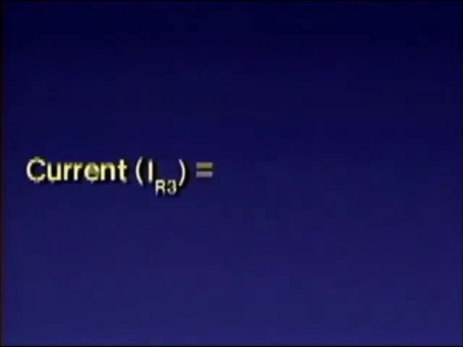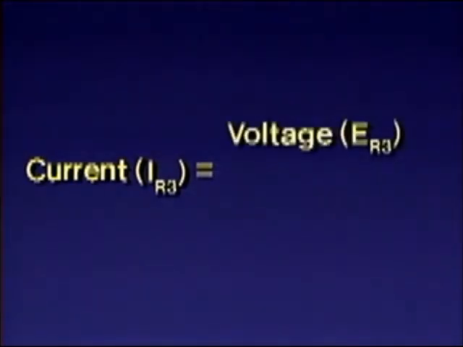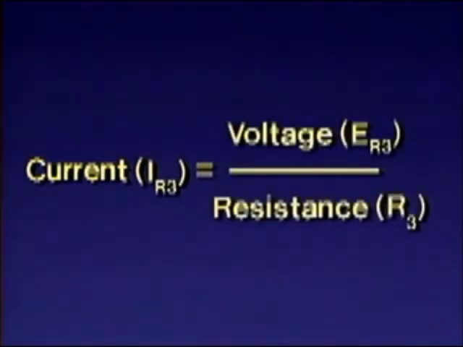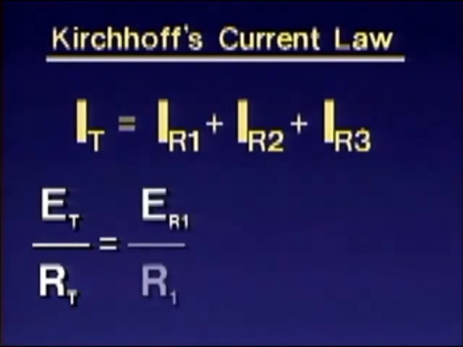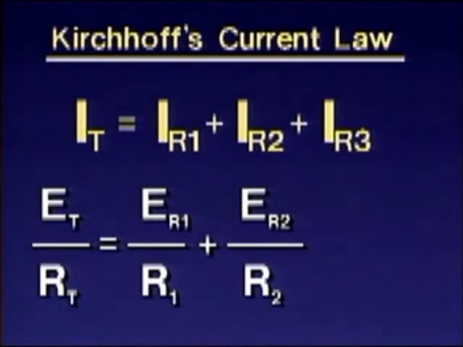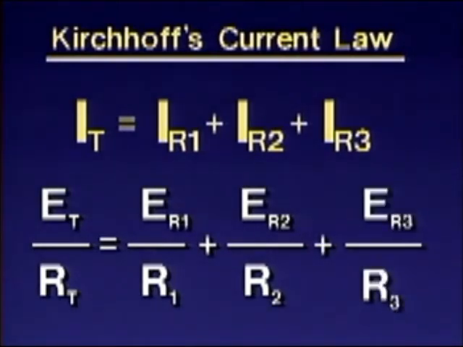The current in branch 3, or IR3, is equal to ER3 divided by R3. By substituting this for IR3, you now have ET divided by RT equals ER1 divided by R1 plus ER2 divided by R2 plus ER3 divided by R3.